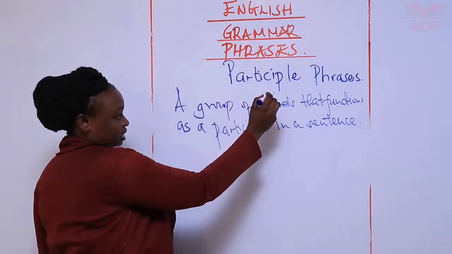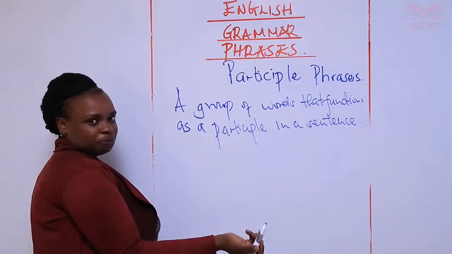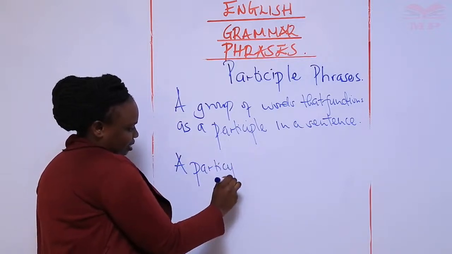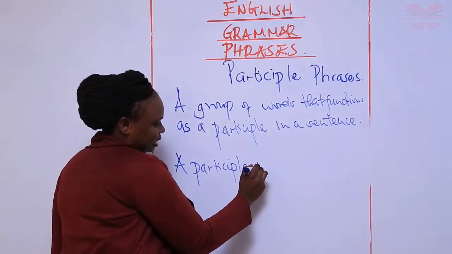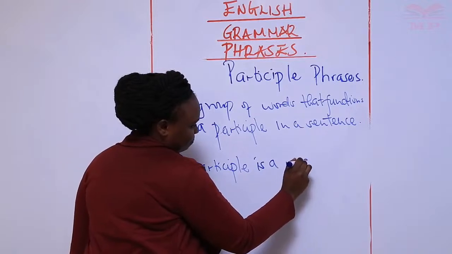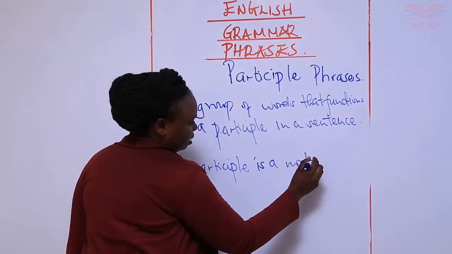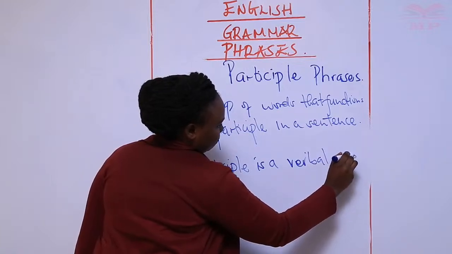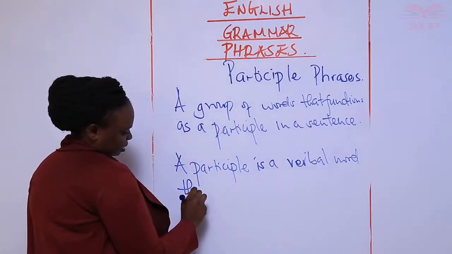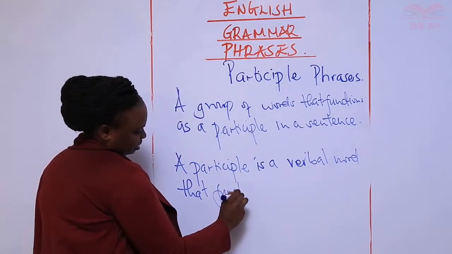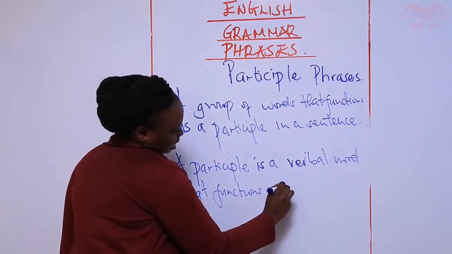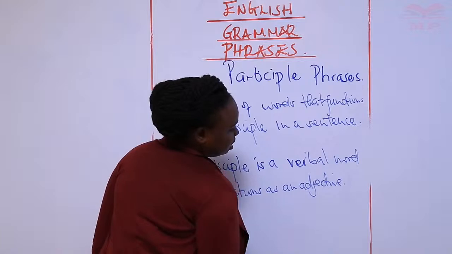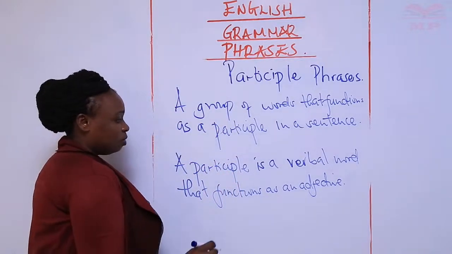So this participle phrase. What is a participle? If we remind ourselves clearly, it is a verbal word that functions as an adjective. So what is a verbal word?